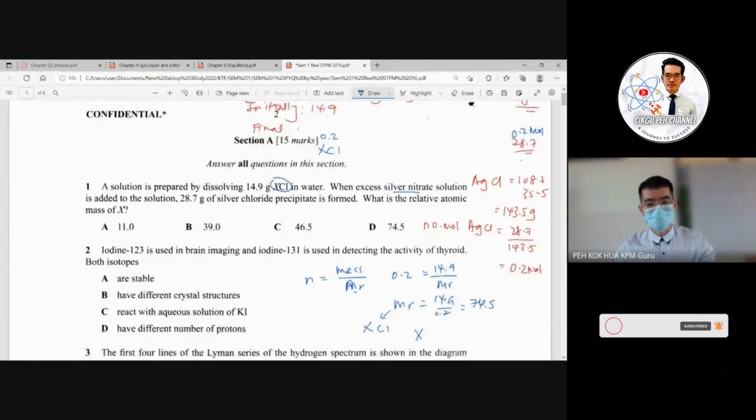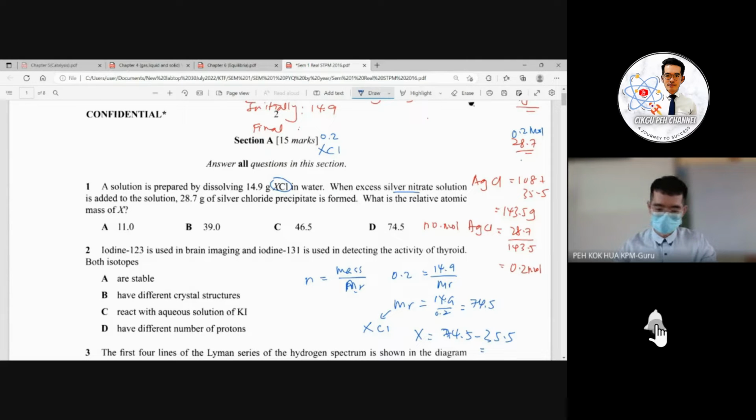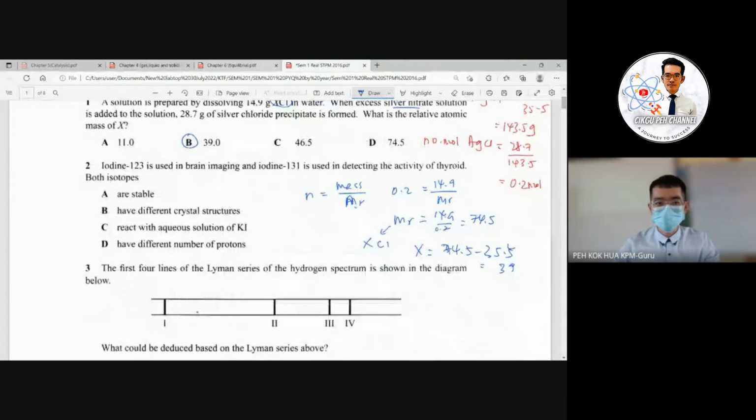For X, we need to minus 35.5, which is the atomic mass for Cl. So we are left with X, answer 39. So B. Okay, then we go to number 2.